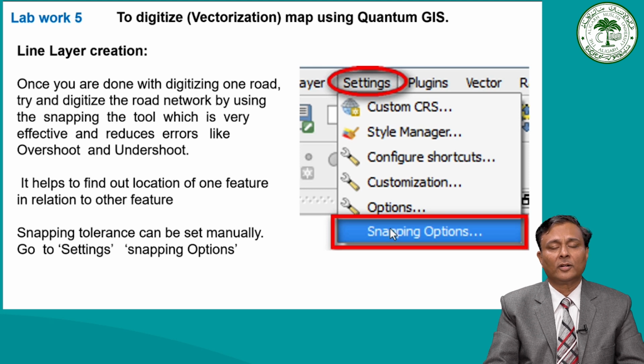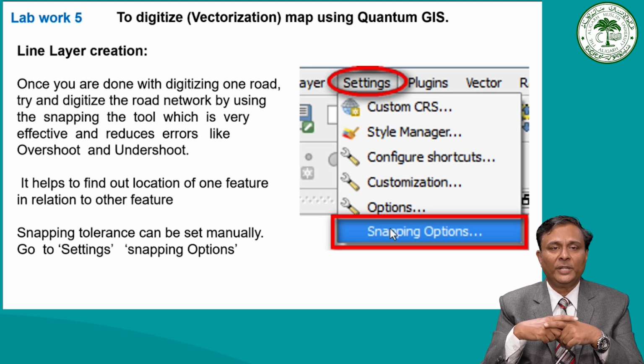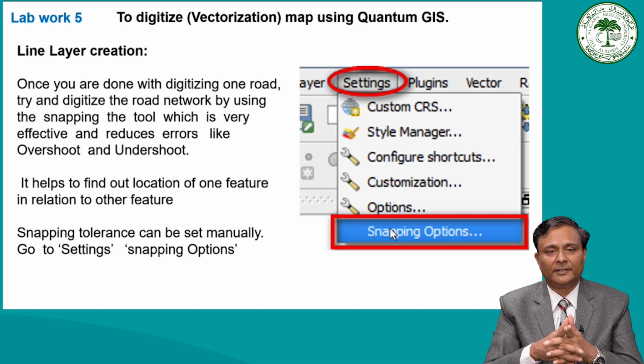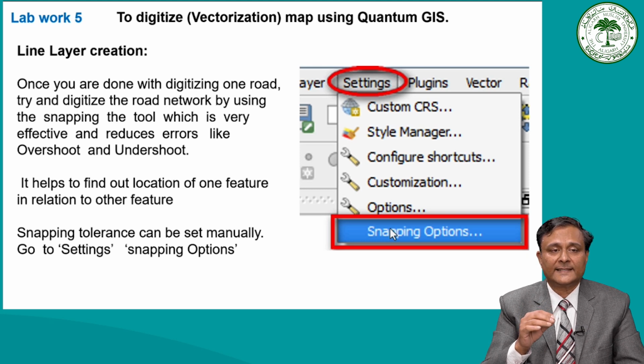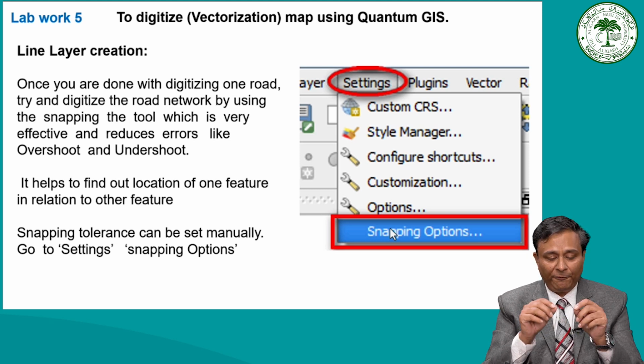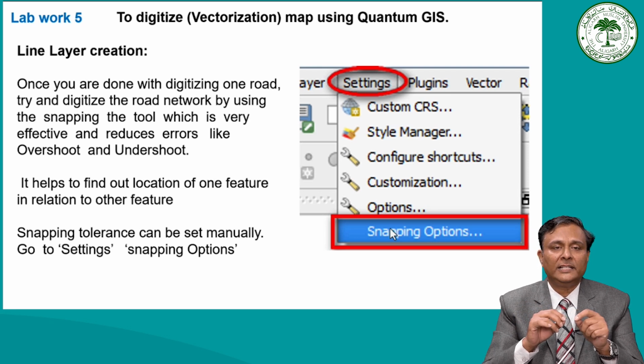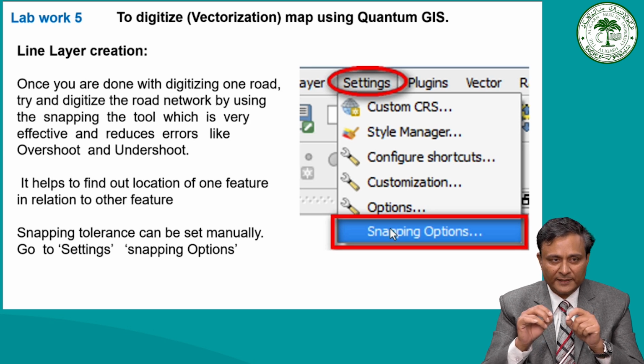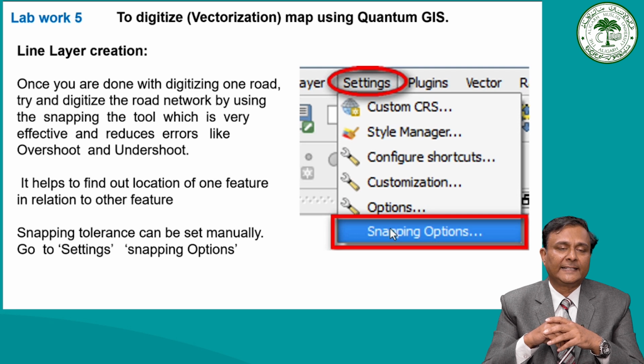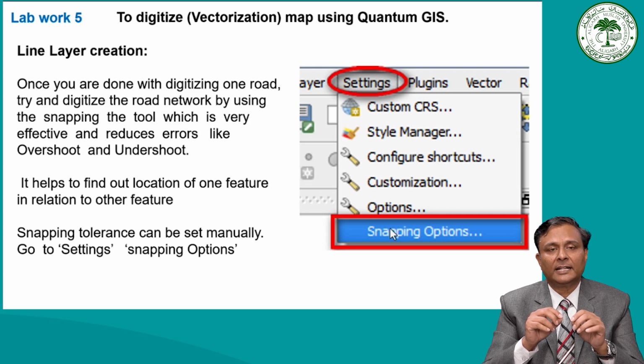This is important because that way they won't be cutting, and whatever setting you select for the snapping option would be very important. For example, here you need to assign the snapping tolerance also. So if your cursor comes close to any previously drawn line, then whatever tolerance limit you have set, according to that it will take action.